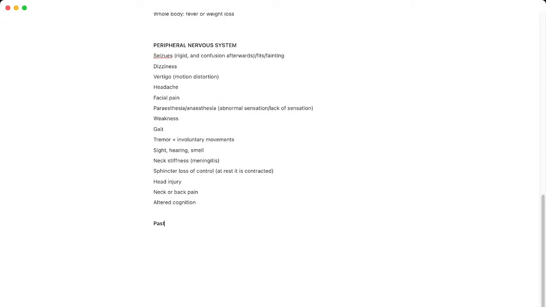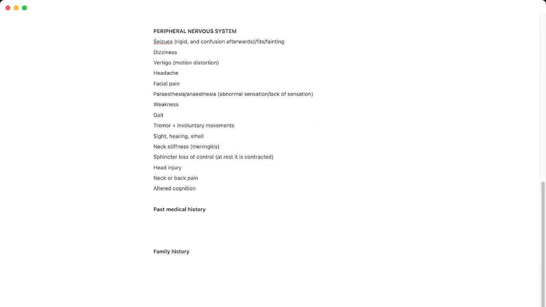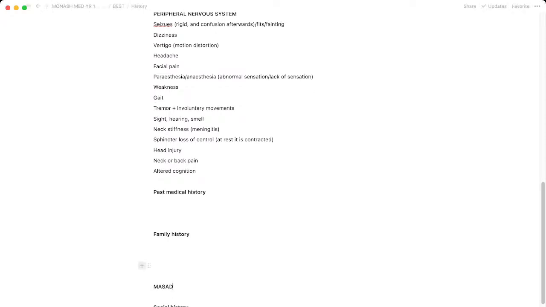And then it's past medical history, family history, social history. And then the MASAD thing. Surgeries. Hospitalizations. What else? Surgery thing.